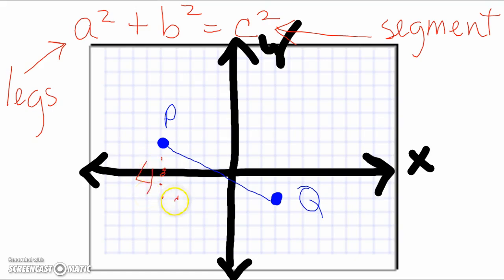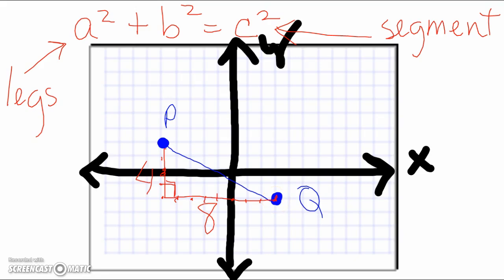And from there, I'd have to go over 1, 2, 3, 4, 5, 6, 7, 8 to get to Q. So we are actually looking at a right triangle. Do you see it? This would be where the right angle is. So we're looking at a right triangle that has one leg of length 4 and a leg of length 8.